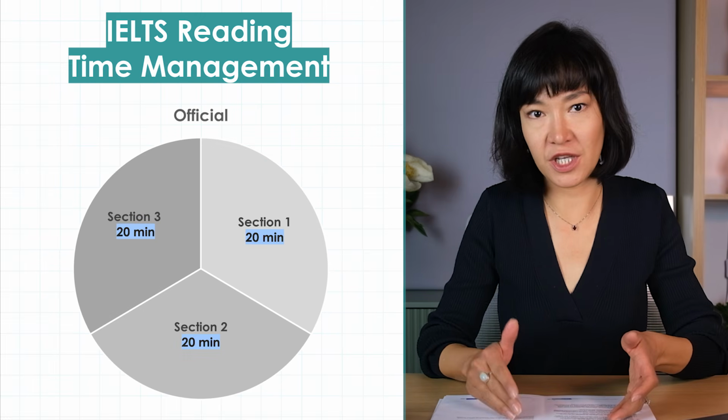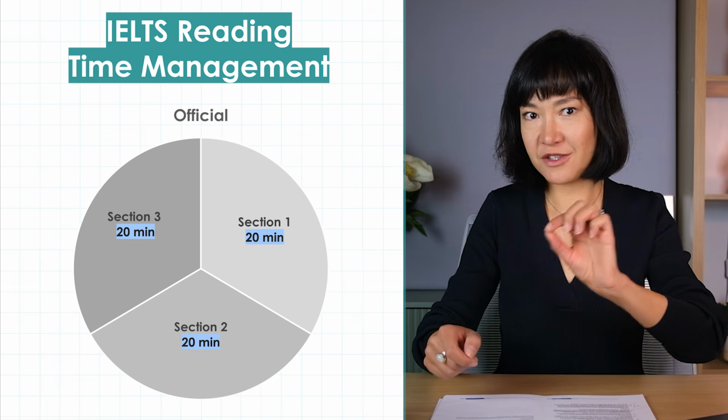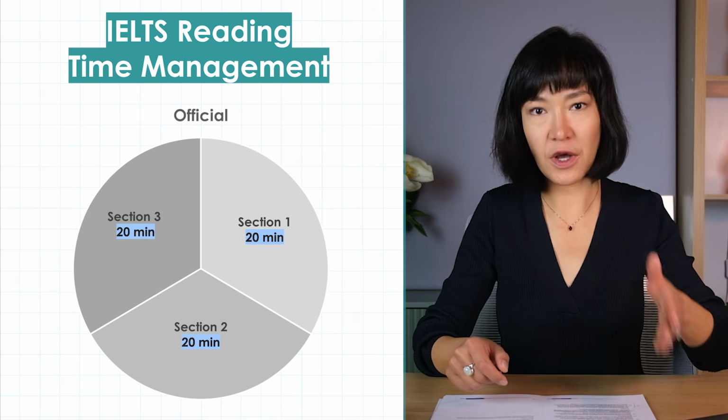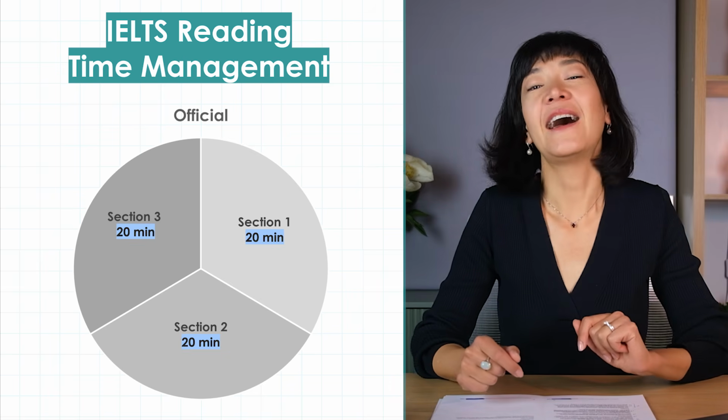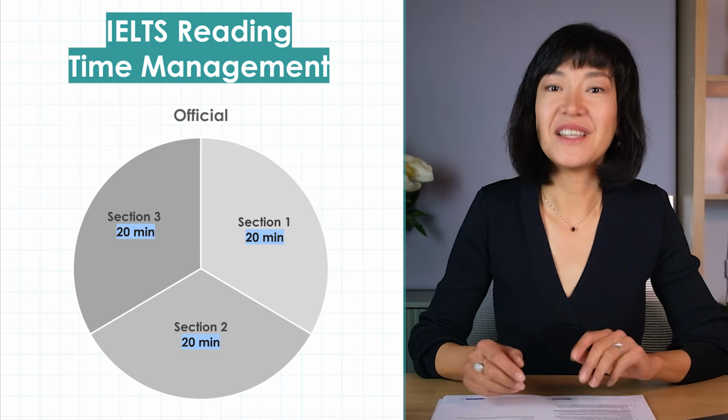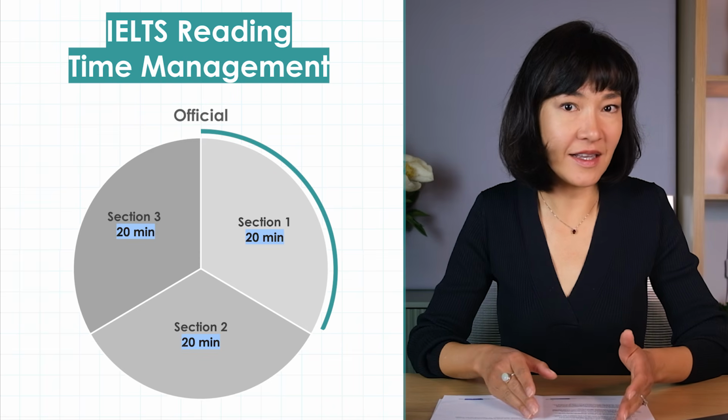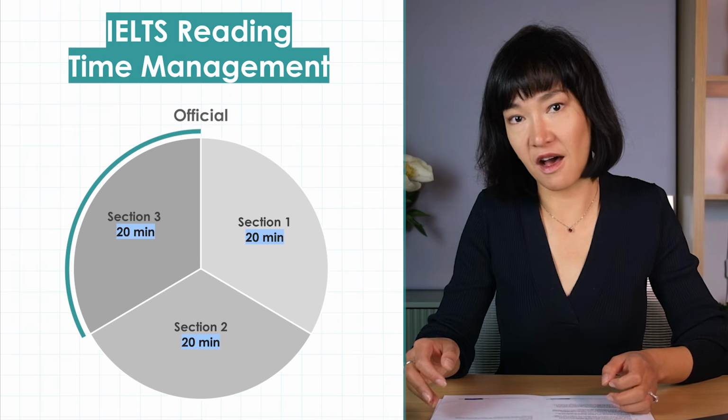Okay, how did it go? So a quick timing tip before we go on. You might have noticed the test says spend about 20 minutes on each section. Not each task, but each section, part 1, 2, and 3. I would ignore that. Section 1 is the easiest. Section 3 is the hardest.